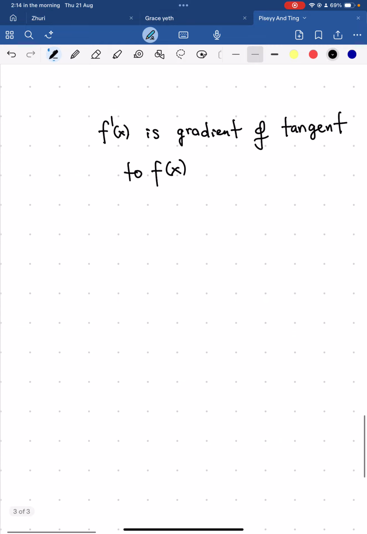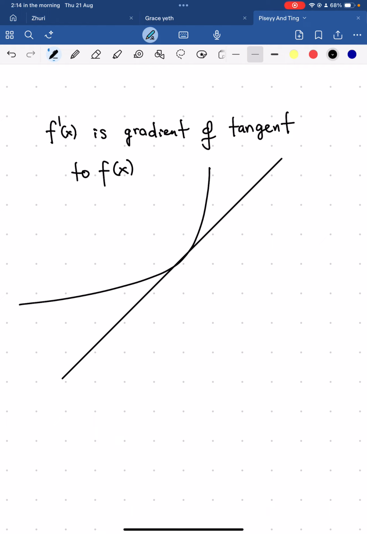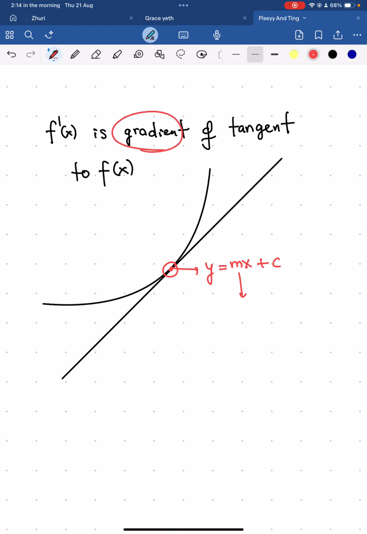Say I have a curve like this, and this is a tangent. A tangent is definitely a line, and every line has the form y equals mx plus c, so this m is called the gradient. So the gradient of the tangent is f prime of x.